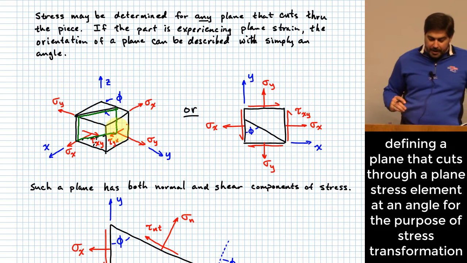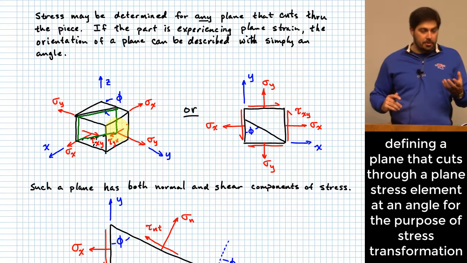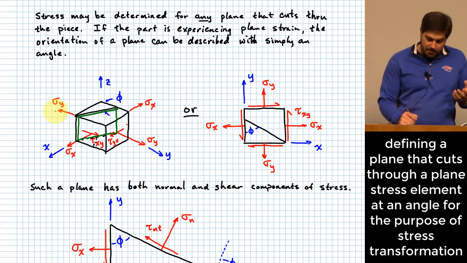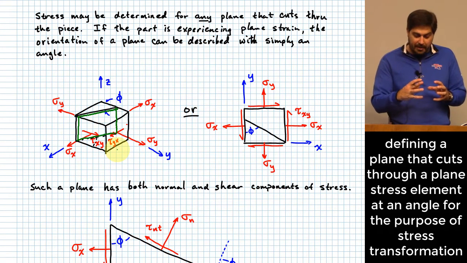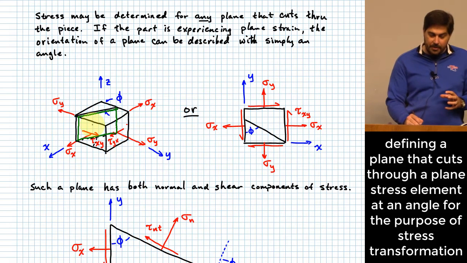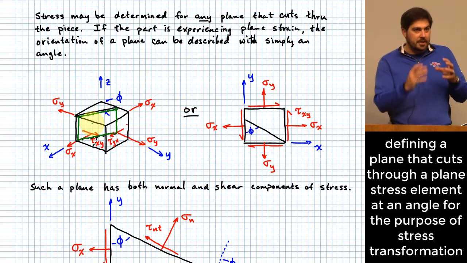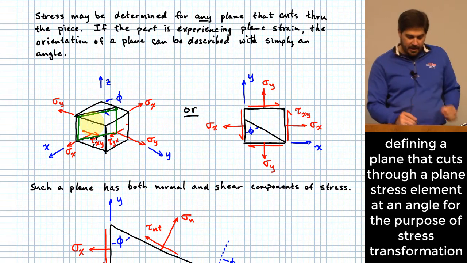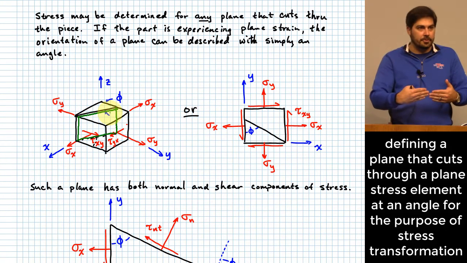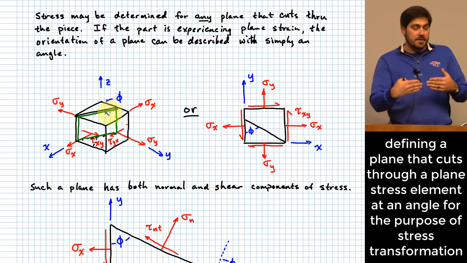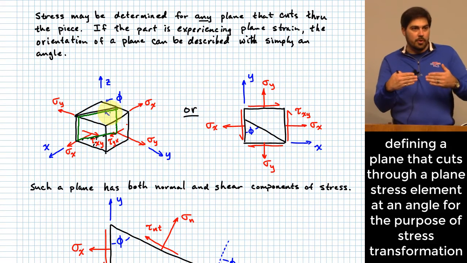And I'm going to look at how the stresses that are being applied here, sigma x, sigma y, and tau xy, would have to transform so that we could figure out what kind of stresses those stresses would apply to the surface that I now created by making this planar cut through the middle of the element. This is what allows us to transform the state of stress into a new coordinate system. All right, the ability to rotate like this.